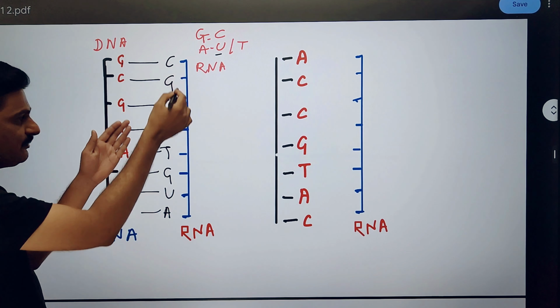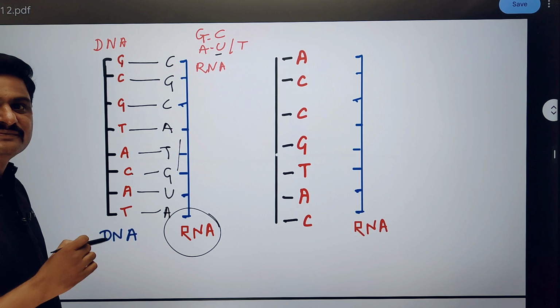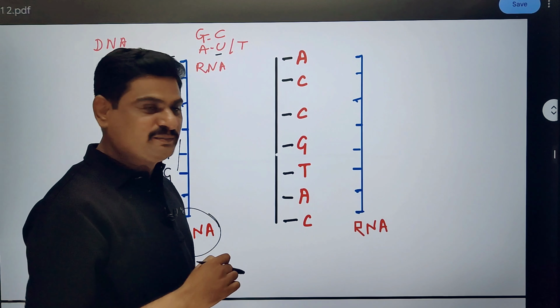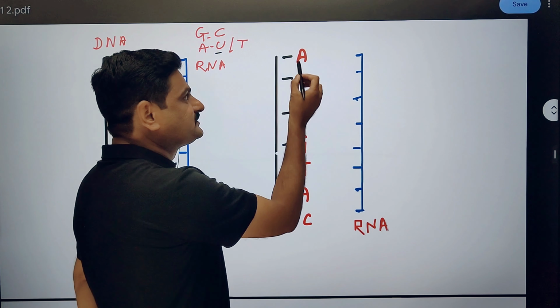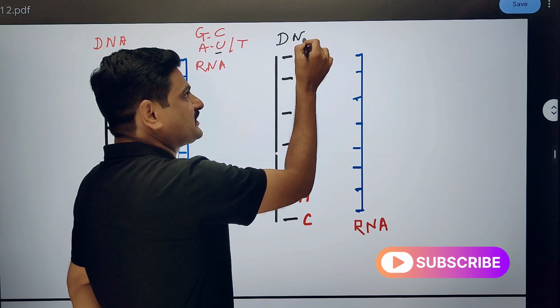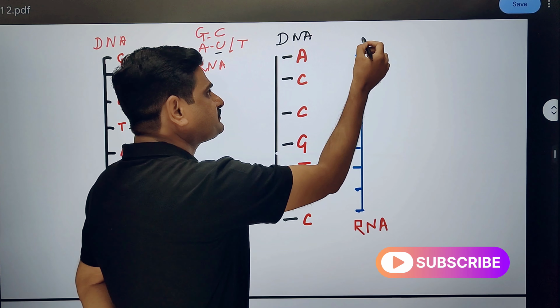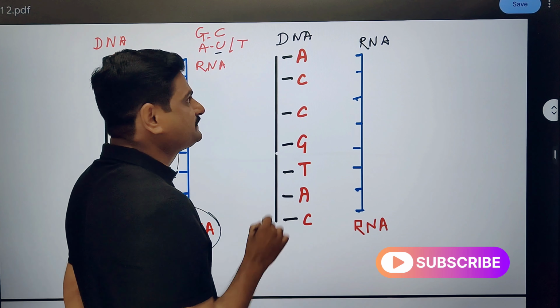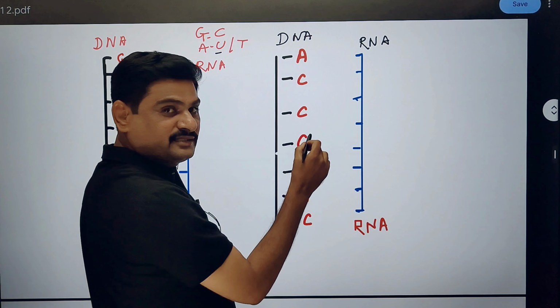So transcription is nothing but synthesis of mRNA as per the nucleotide sequence of DNA. Now let's try here, you will help me. Imagine this is a DNA strand and here I have the newly synthesized RNA strand which we are going to make. A there, then what will come here?